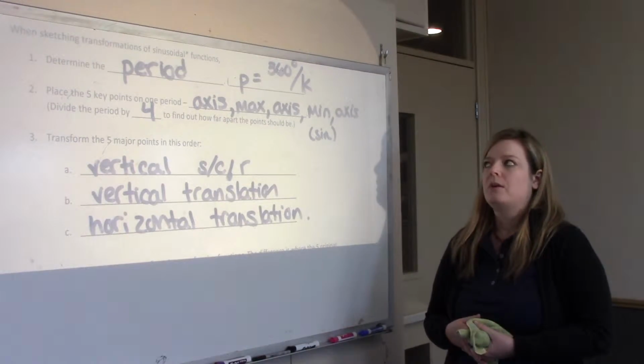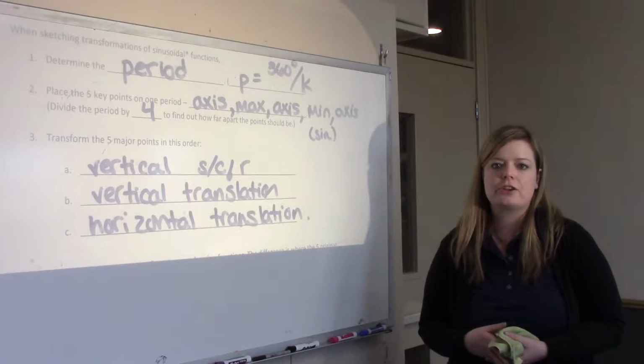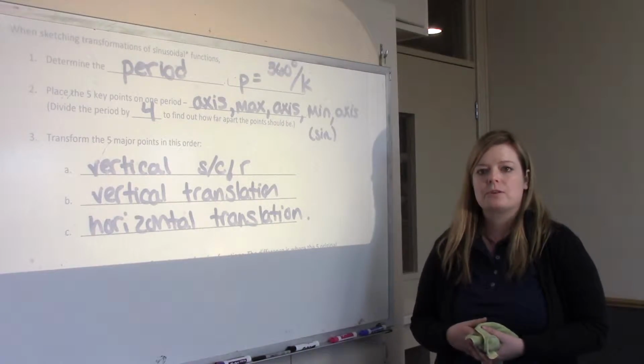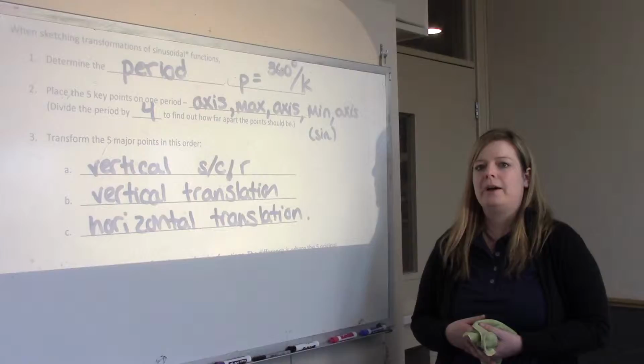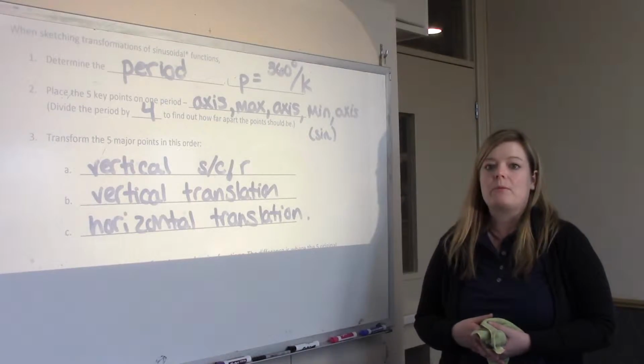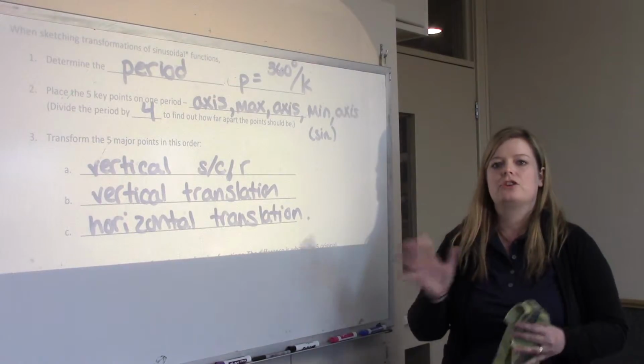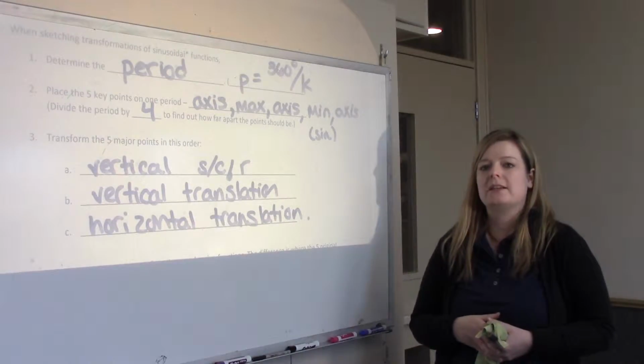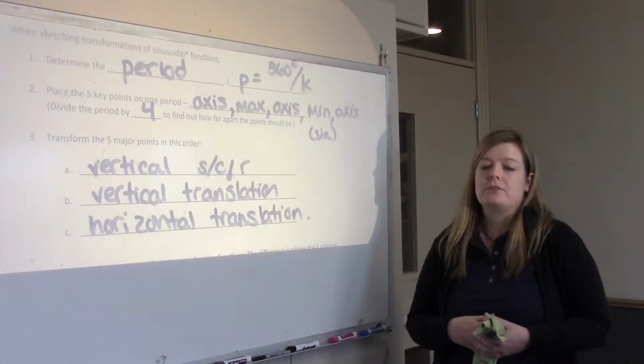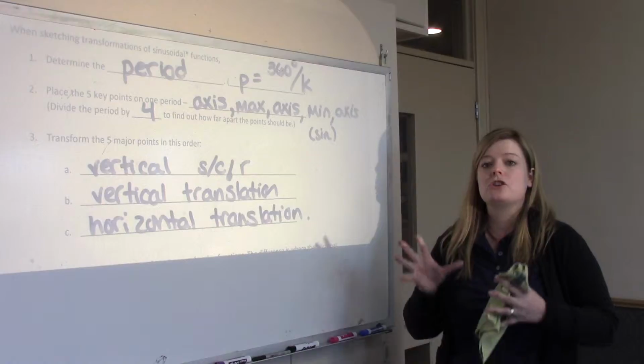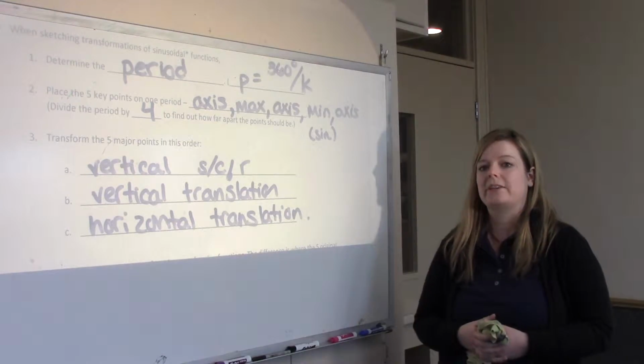There's two ways that you can do it. It kind of depends on your level of comfort with the topic matter. If I wanted, I could just graph it all in one graph. I wouldn't have to show the stages of the transformations. Some of you will be able to do that relatively quickly. Some of you will need to show all the steps to ensure that you're getting the right answer.